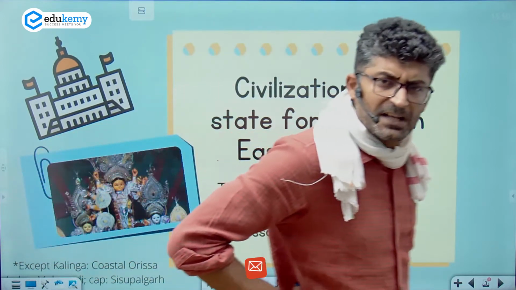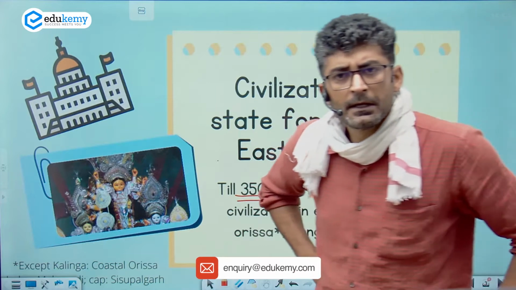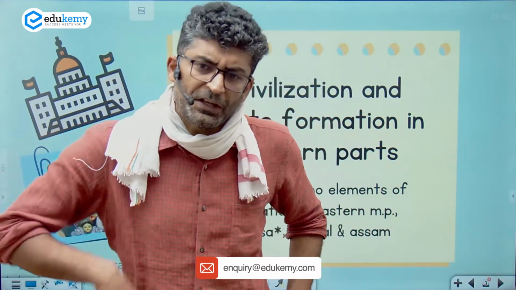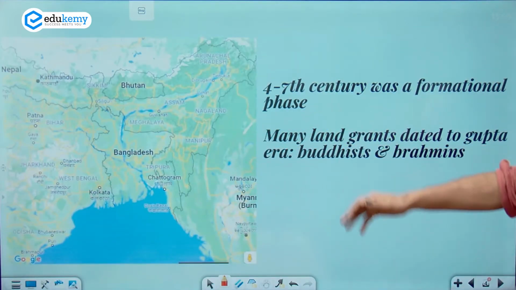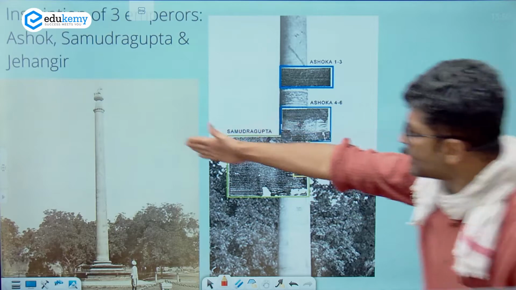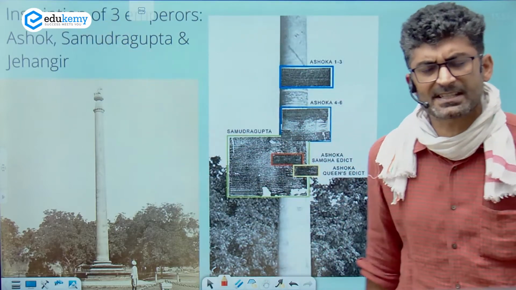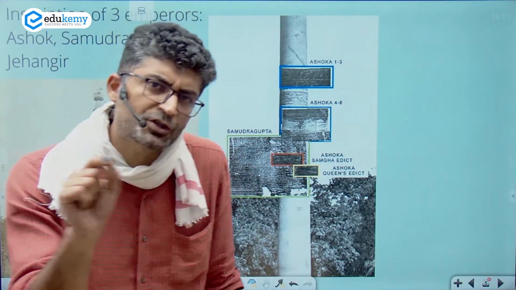And these Guptas emerged, and we hear of one Samudragupta, and we hear of his Allahabad Prashasti, Prayag Prashasti, where he talks about all the kings that he has managed to subdue.